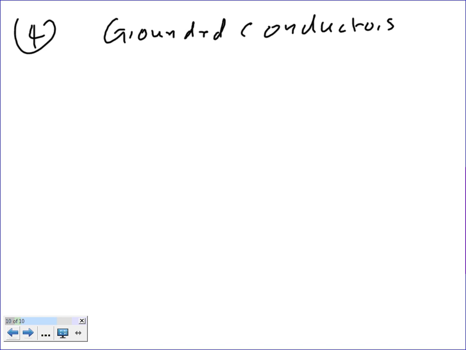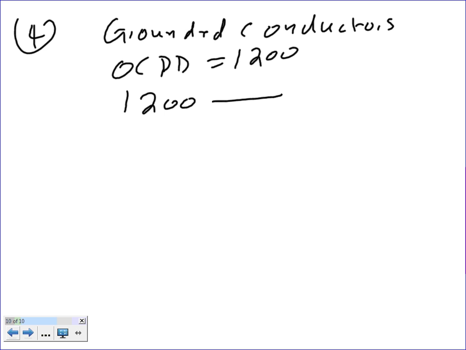I start with the overcurrent protection device, the same thing. Overcurrent protection device equals 1200 amp. Then take the 1200 amp. The first 200 amp, what do you do with them? Leave them alone. Then take the 1200 amp minus 200 amp and multiply these by what?